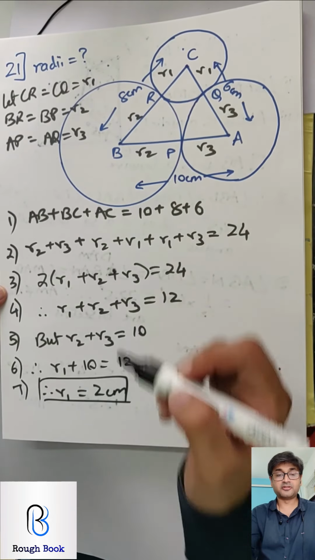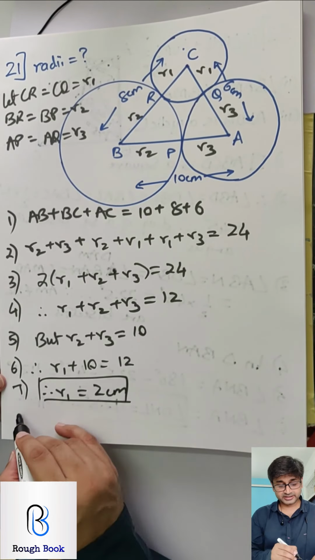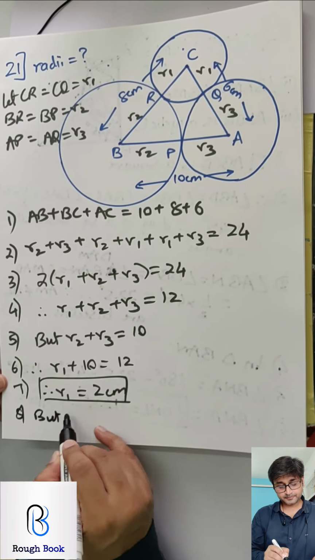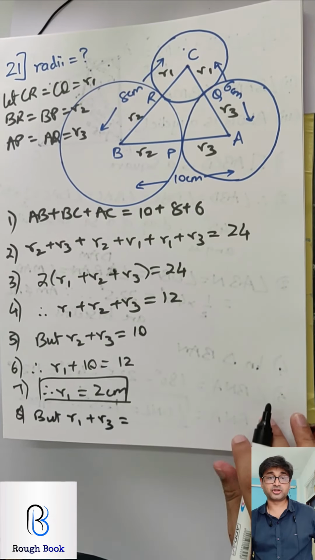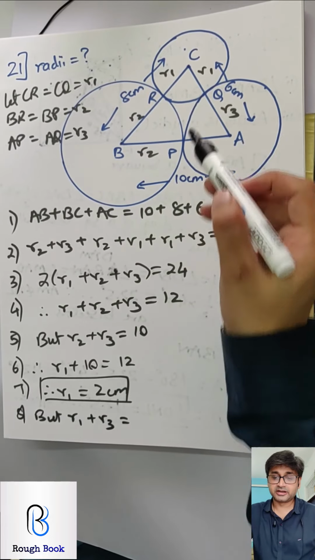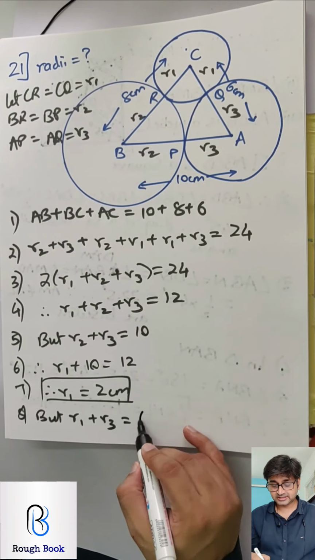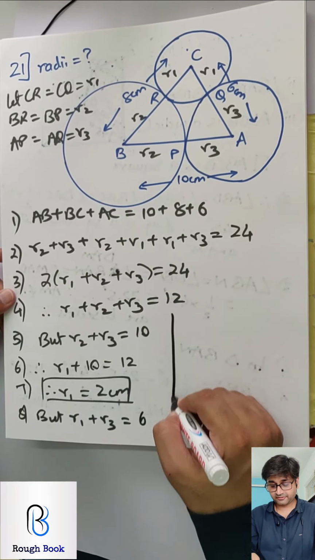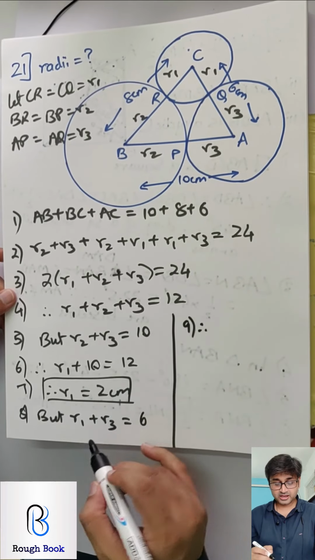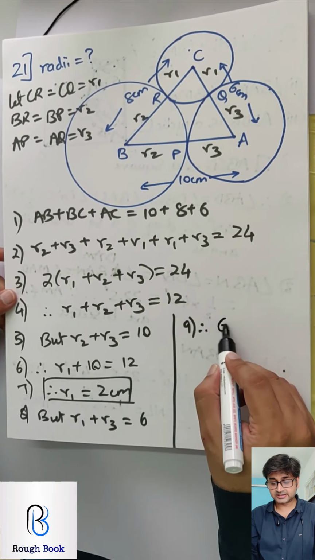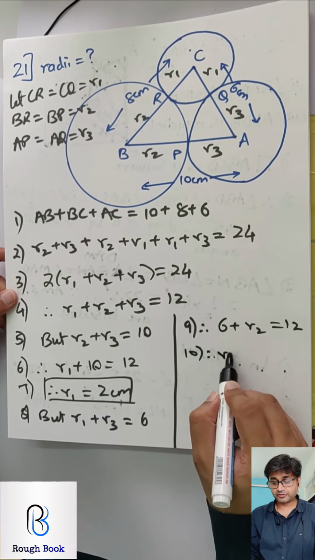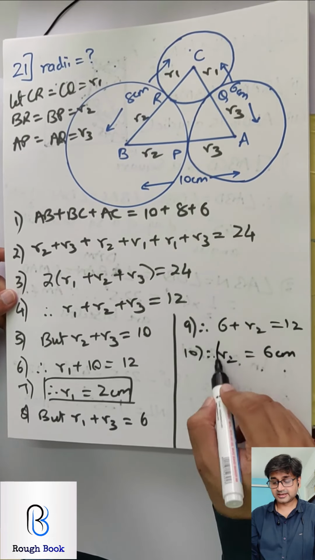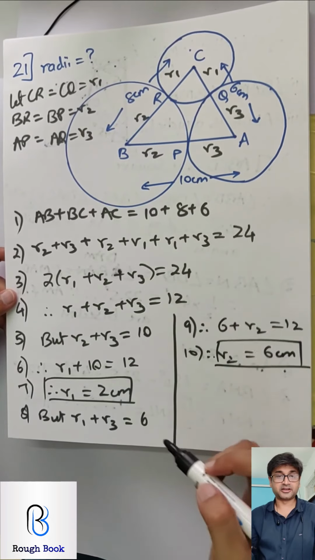So we managed to get the first radius. Likewise, R1 plus R3 is how much? Look on the diagram, you will get R1 plus R3 is 6 and therefore step 9. If R1 plus R3 is 6 plus R2 will be 12, therefore we will get R2 as 6 centimeter. That's your second.